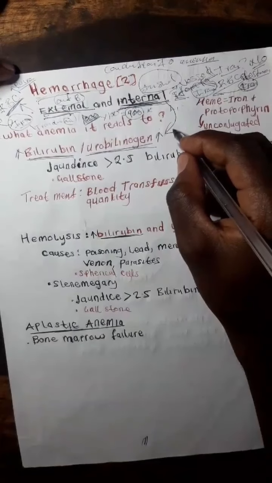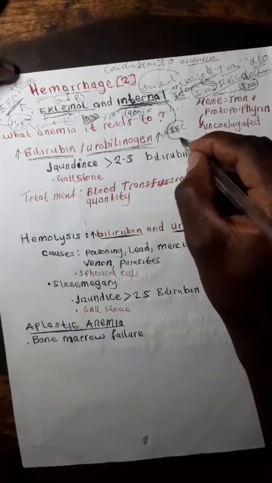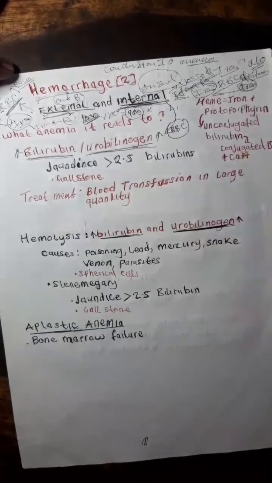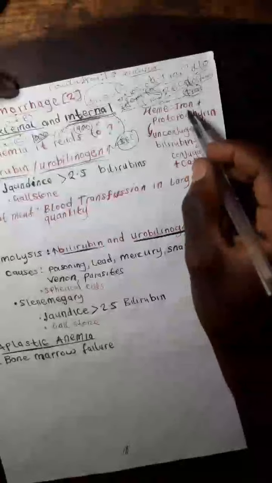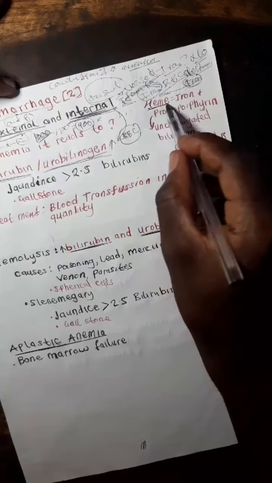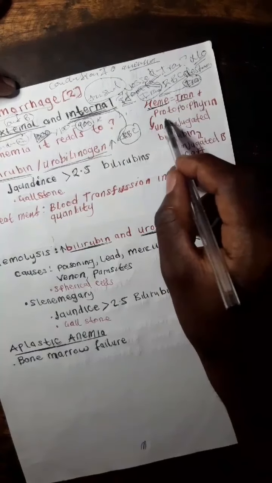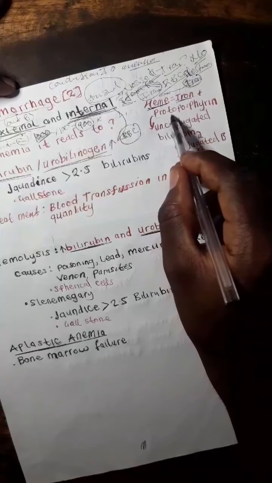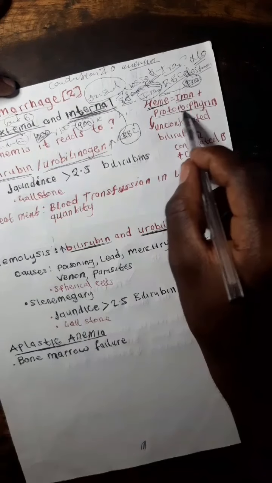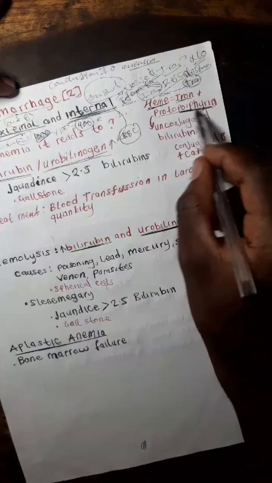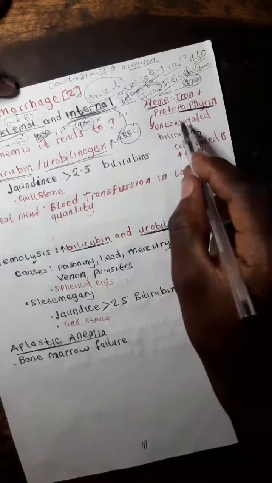Because internal bleeding loses red blood cells, meaning the heme is being lost here. I've written the pathway here: the heme is lost, meaning the iron and also the protoporphyrin, which is just the porphyrin, is being lost. Then what is this being converted to?